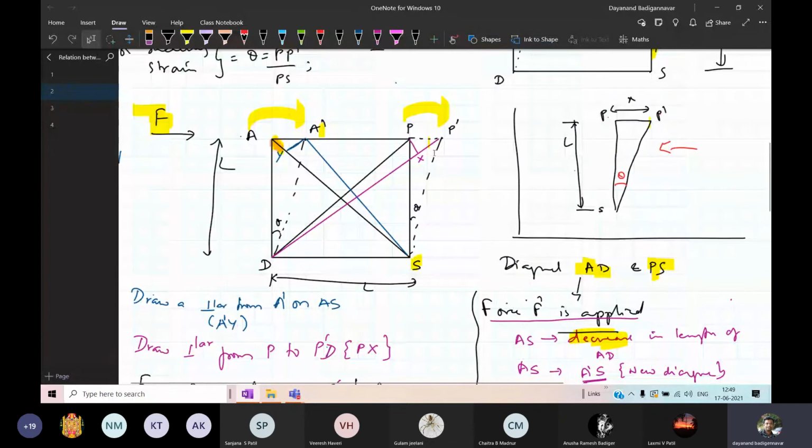P dash X, or PX P dash. It's a right angle triangle. You can see here, this is a right angle triangle. From that I can calculate the cos P dash.